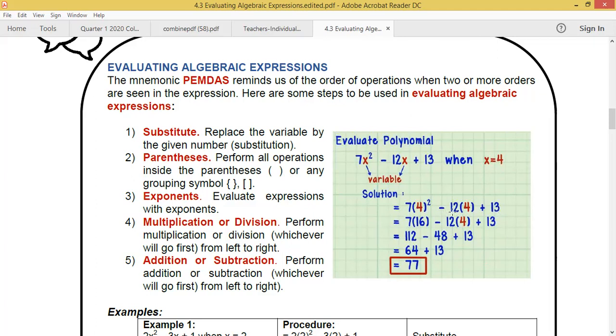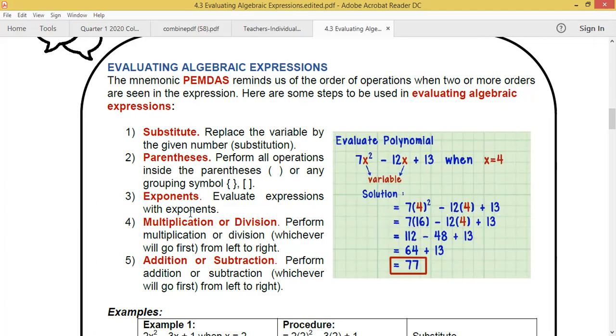Remember that when two numbers are next to each other, it means multiplication. But again, the next is, there's no parenthesis, so we go to exponents. That's going to be 4 squared. 4 squared means 4 times 4. So that is 16.